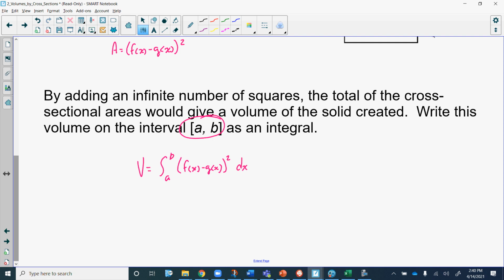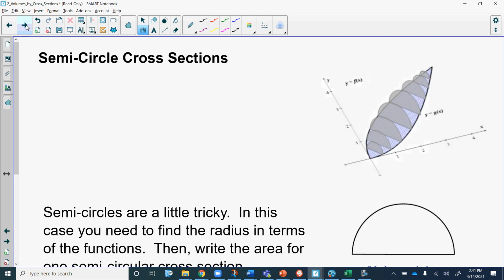Now, depending on what f of x and g of x are, we may be able to simplify that to one expression by combining any like terms that you might have. We may need to separate them and do the integration of f and then do the integration of g and then just take the difference of them. It kind of depends, but we'll see what we wind up with.